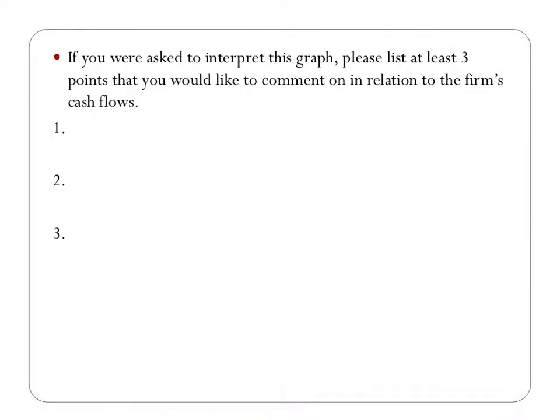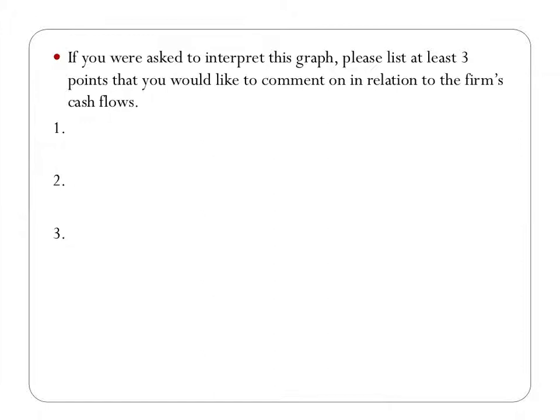If you were asked to interpret the previous graph, please list at least 3 points that you would like to comment on in relation to the firm's cash flows. It's very important that you develop the skill to be able to interpret graphs.